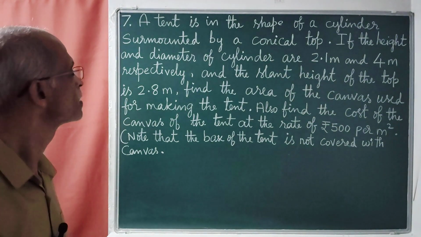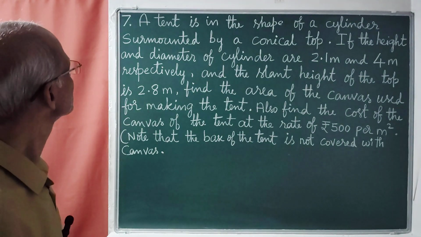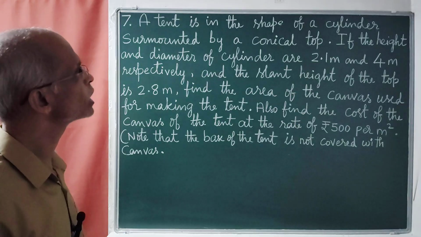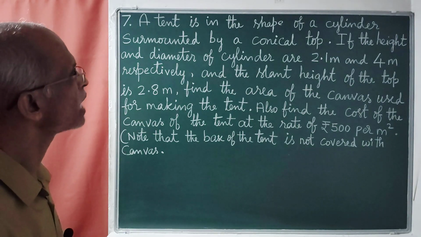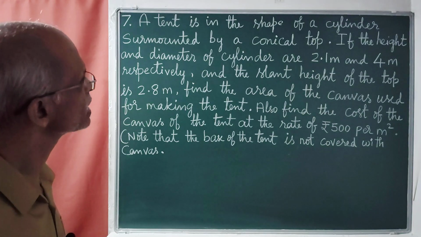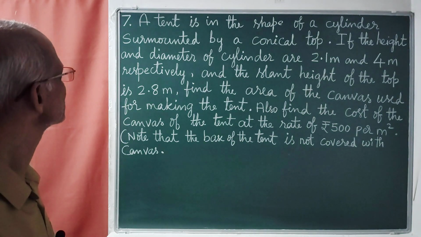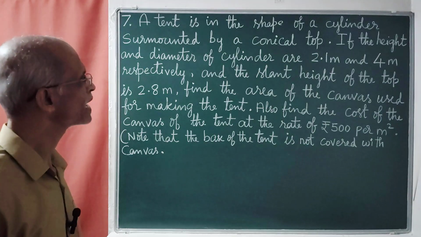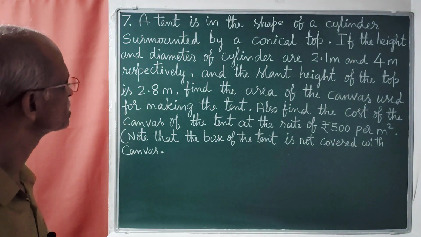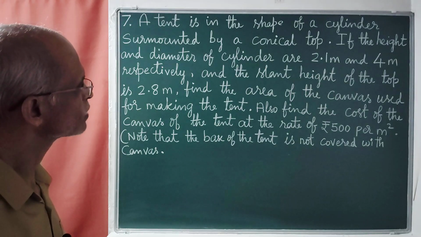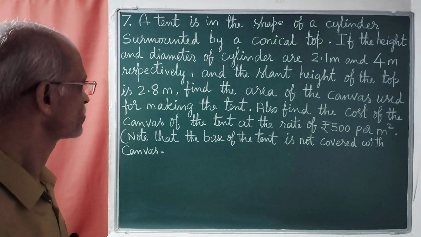The question is, a tent is in the shape of a cylinder surmounted by a conical top. If the height and diameter of the cylinder are 2.1 meter and 4 meters respectively, and the slant height of the top is 2.8 meters, find the area of the canvas used for making the tent.